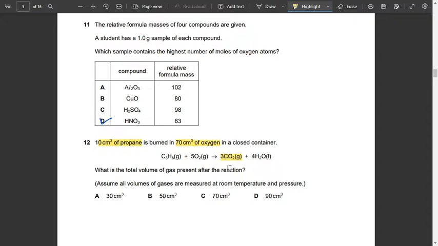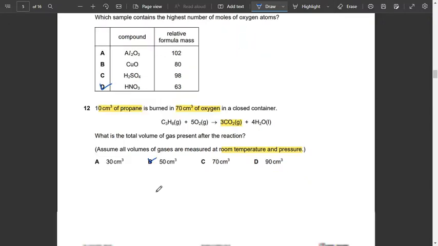So in this way you can easily find it out, and since it is at room temperature, we need to consider 24 dm cube or 24,000 centimeter cube as the normal volume of gas at room temperature and pressure. To avoid hassle, I usually calculate things and give you guys the concept for it. So over here the answer that I got was 50 centimeter cube.